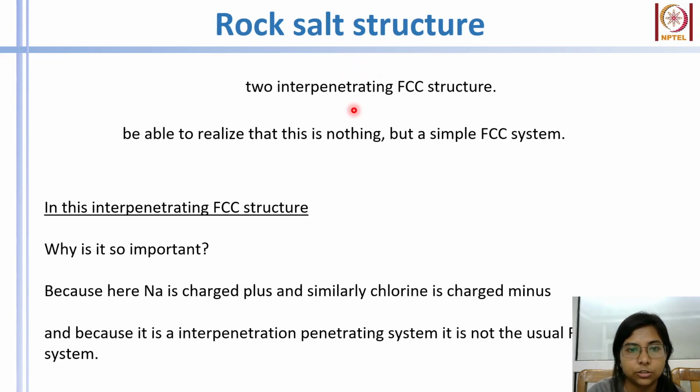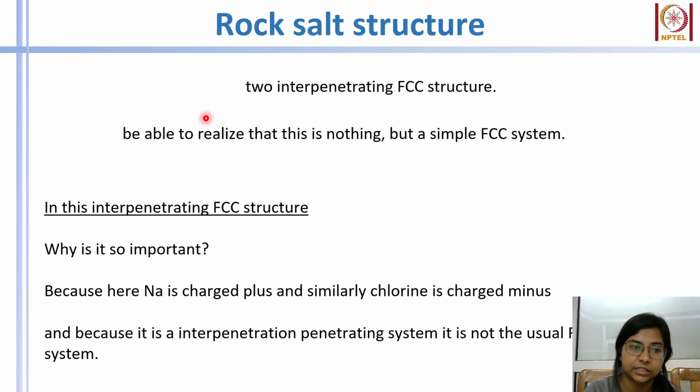It is basically two interpenetrated lattices. Sodium chloride is basically two interpenetrated face-centered cubic, or FCC, lattices. If we dig further, we will realize that it is nothing but a simple FCC system. Why is this interpenetrating FCC structure so important?